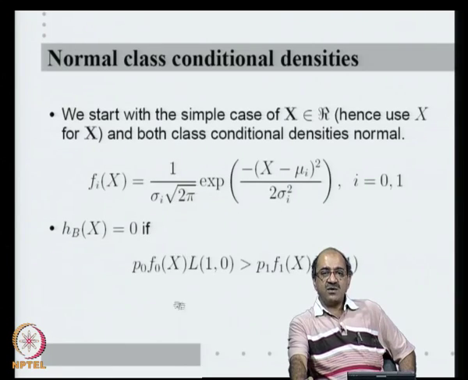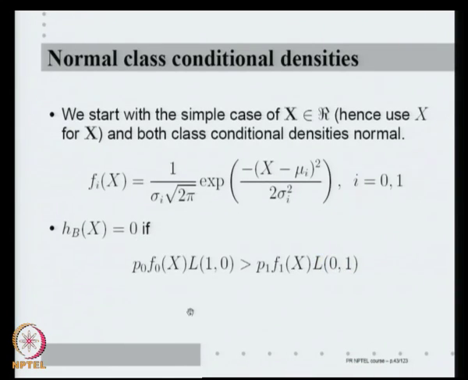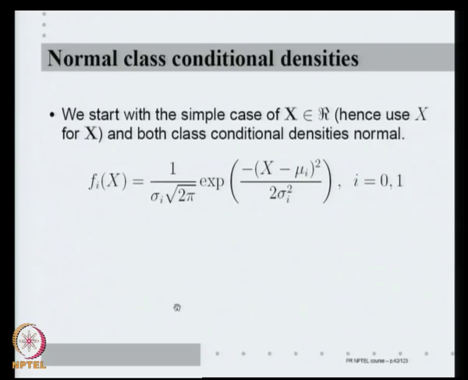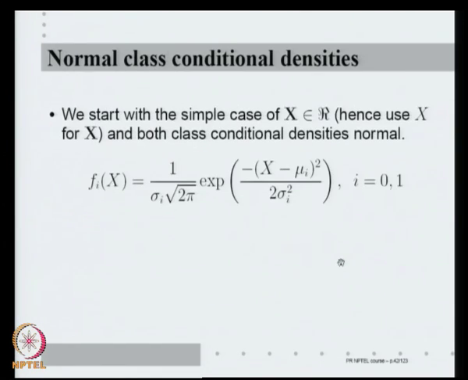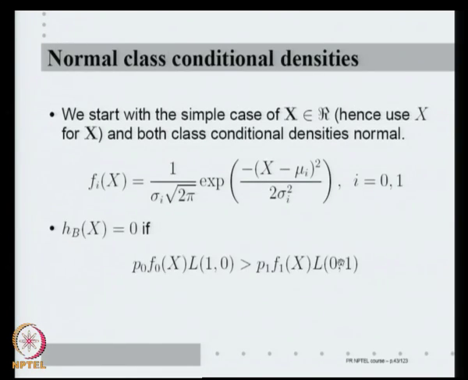Now, what do we have to have? h(x) is 0 if P0 F0 L10 is greater than P1 F1 L01.